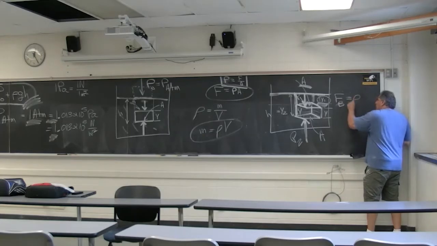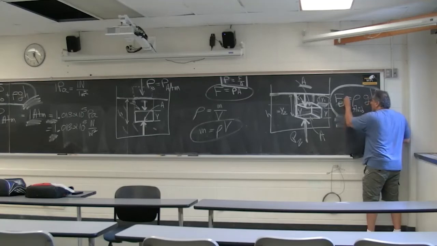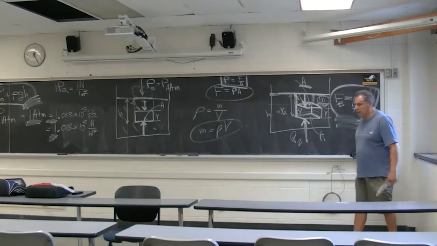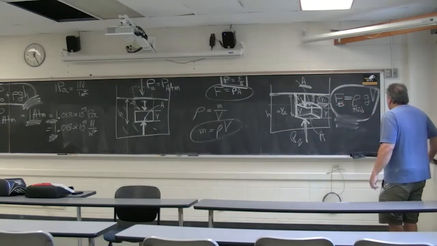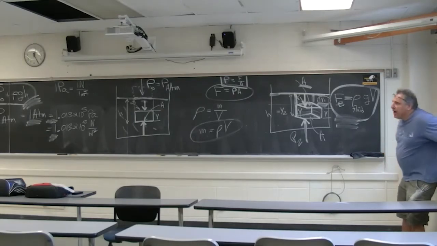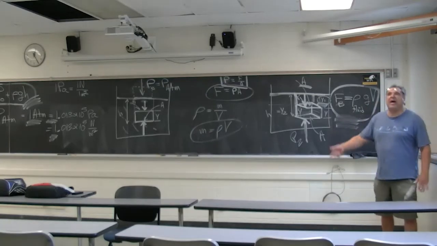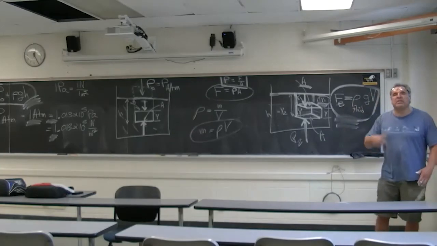F_B equals rho of the fluid times g times V. The fluid that is displaced, the amount of fluid that is displaced, determines the buoyant force.